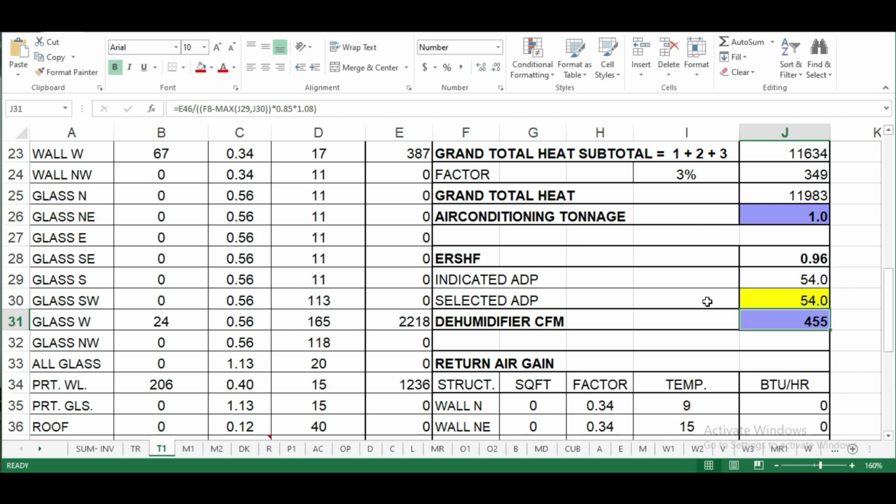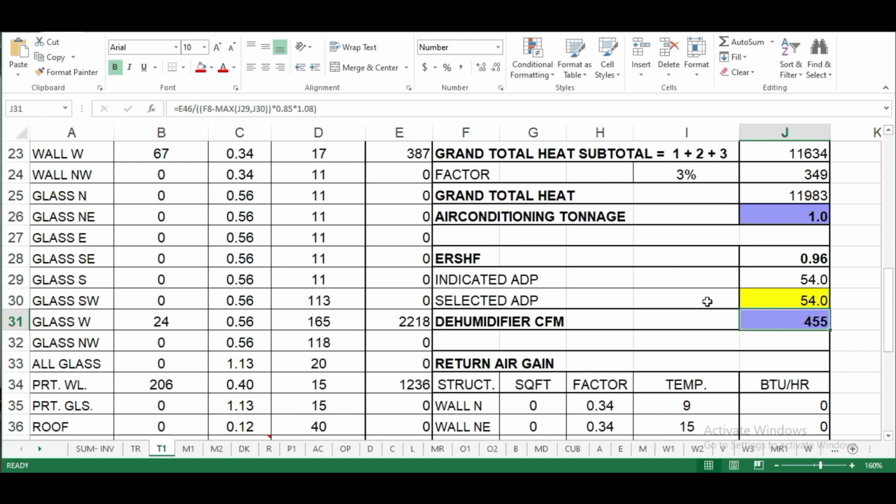As you know, humidification and dehumidification is a different topic. If you do not know what dehumidifier CFM works for, why it is calculated and what the need of it is, let me know. For that also we will go through a separate video so that things will be clear and people do not get confused on that.